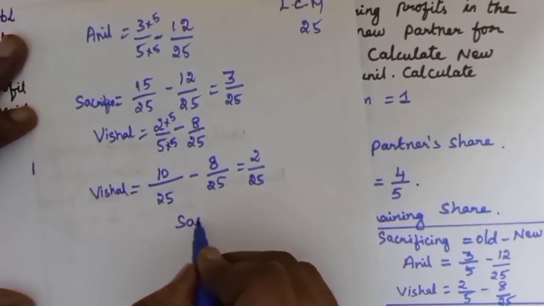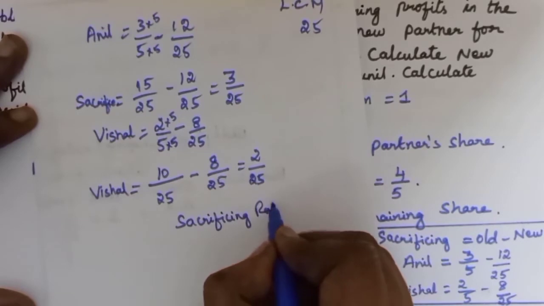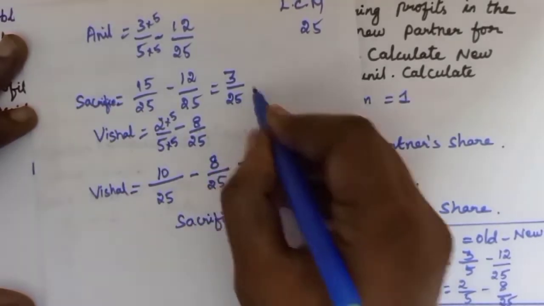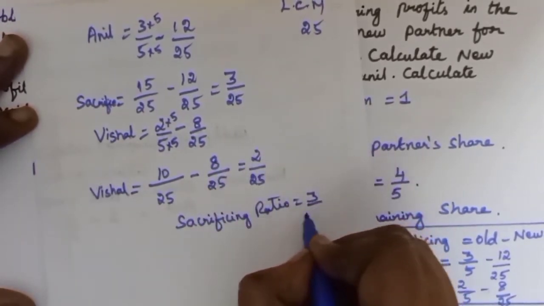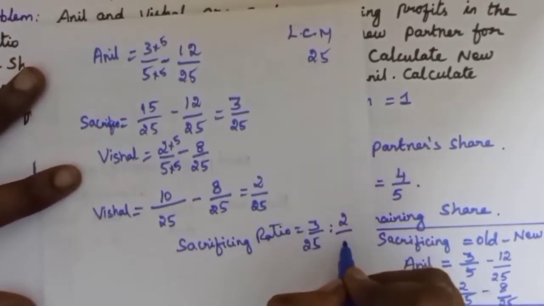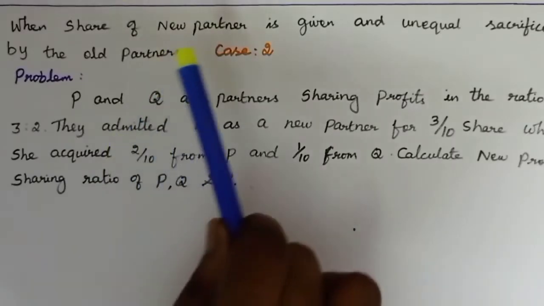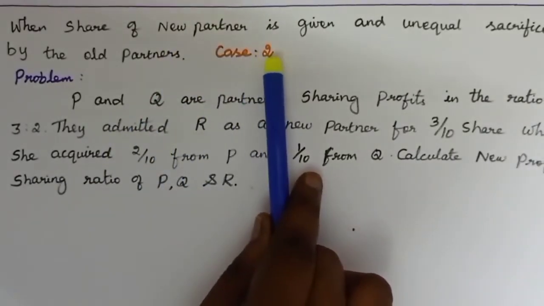Now, sacrificing ratio of the old partners: 3 by 25 and 2 by 25. The ratio is 3:2. Let's move on to the second situation.